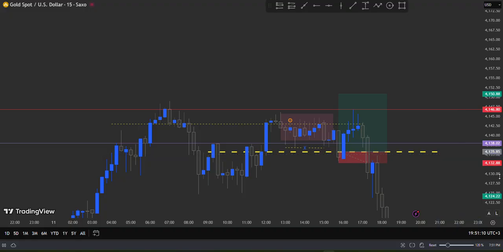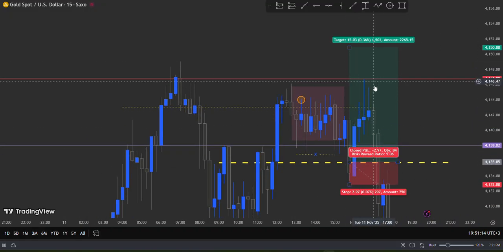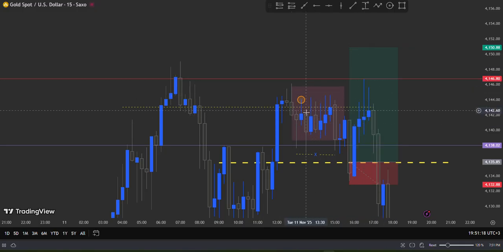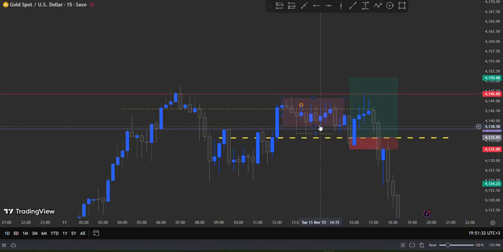They were rejecting going down, rejecting going down, signifying that the market is going to sweep and go down, because the market was rejecting.